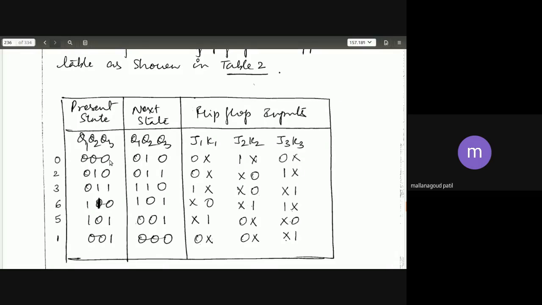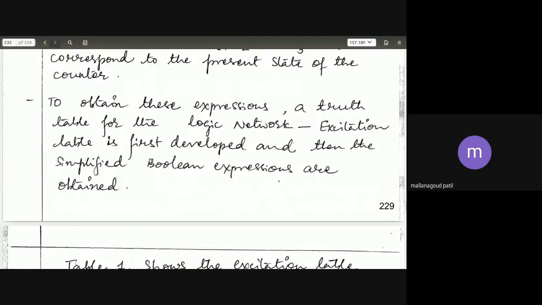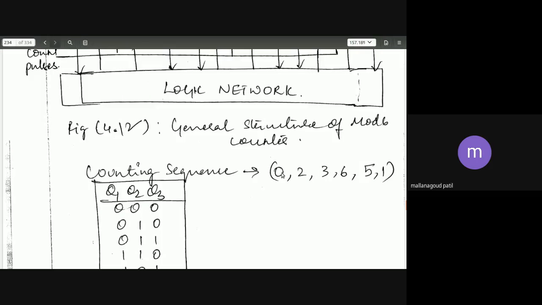Otherwise, what value he has given, you can write directly. What is that? 0, 2, 3, 6, 5, 1. This is the current present state. Then what is the next state? Next state is 0 to 2. Can I repeat here? I will show the problem statement. The counting sequence he has given is 0 to 2, 2 to 3, 3 to 6, 6 to 5, 5 to 1.